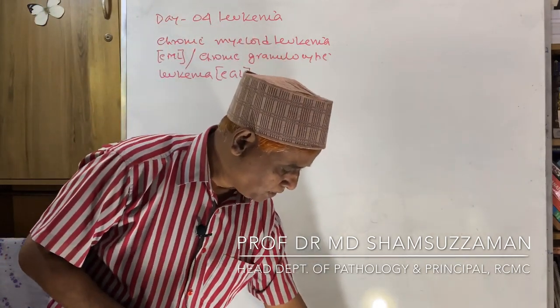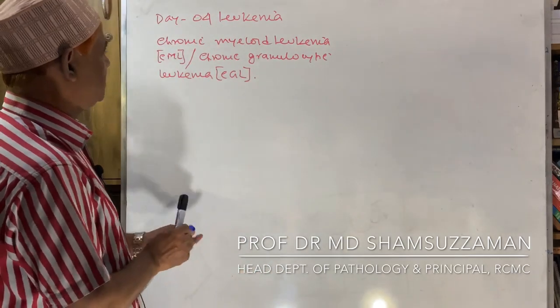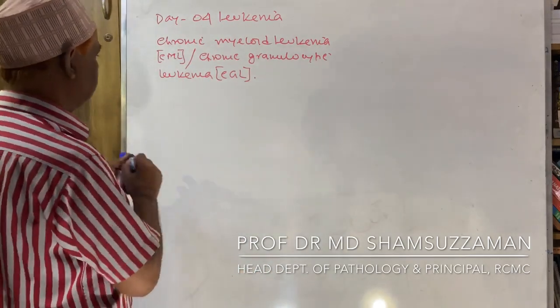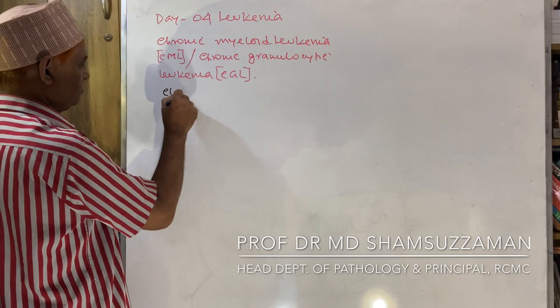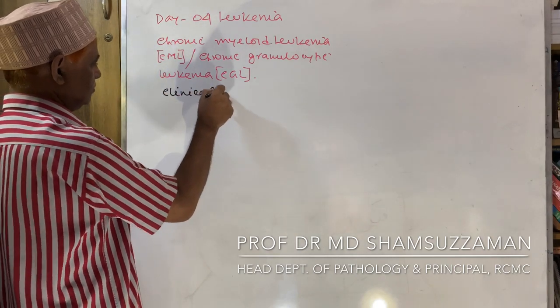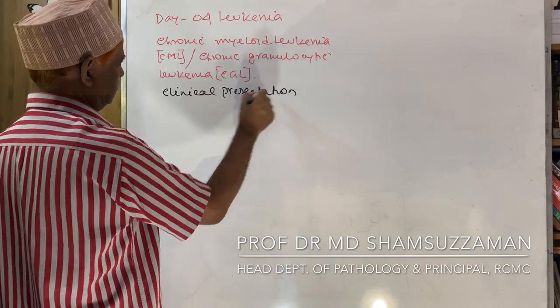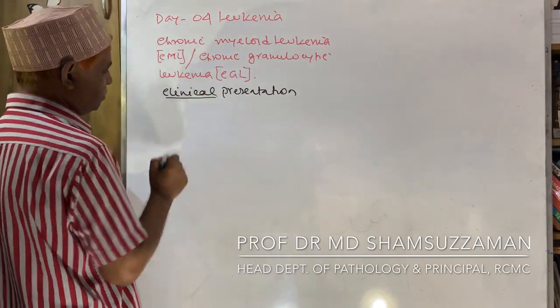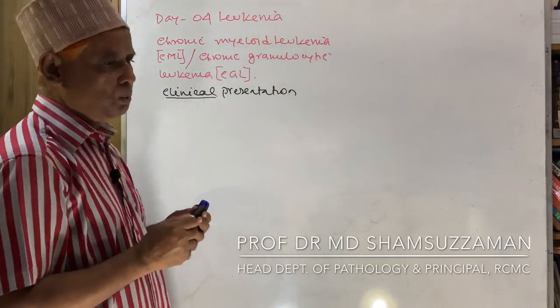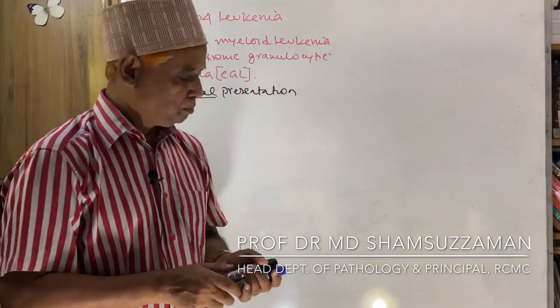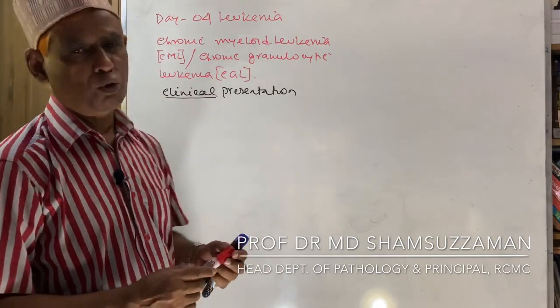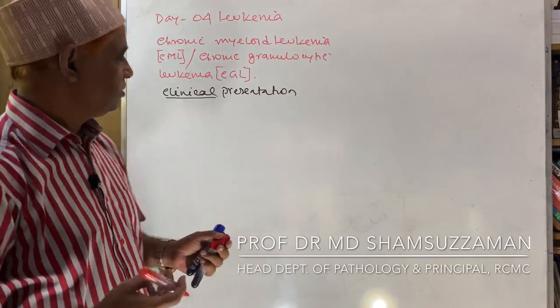Now come to clinical presentations of patients suffering from leukemia. Dear audience, you know acute leukemia usually occurs in childhood, but chronic myeloid leukemia usually occurs at middle age.